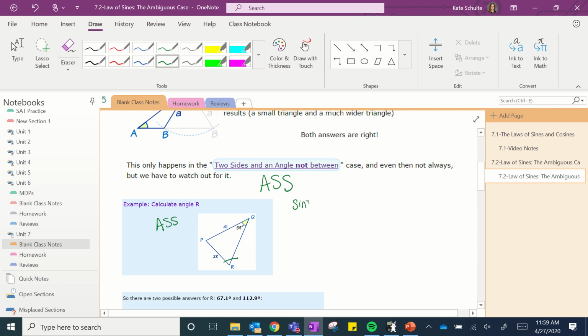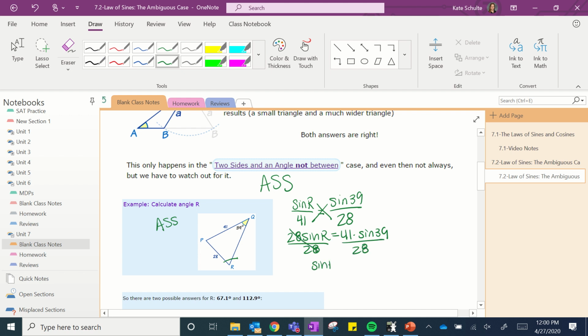So sine of R over 41 equals, and we're given angle Q and side Q, so sine of 39 over 28. We're going to solve this the same way by cross multiplying. So we have 28 times sine of R equals 41 times sine of 39, and then we'll divide by 28.